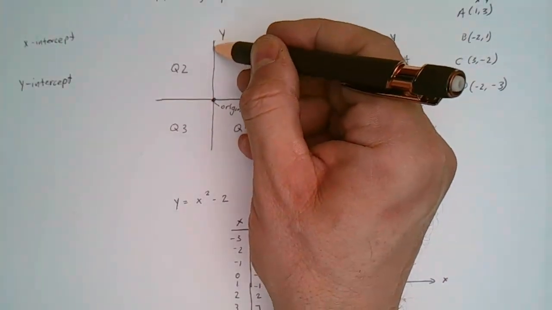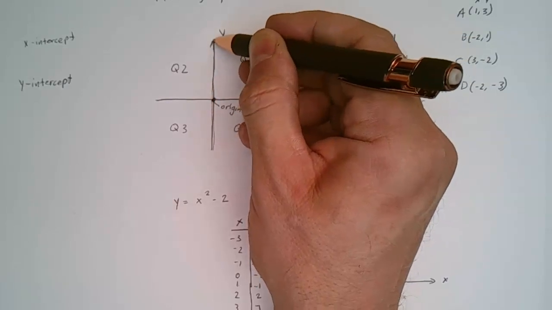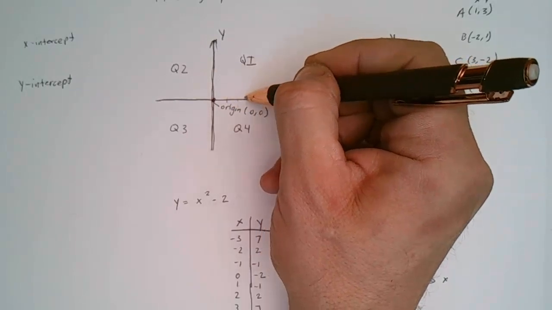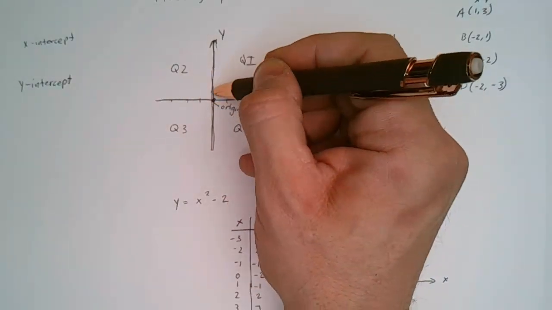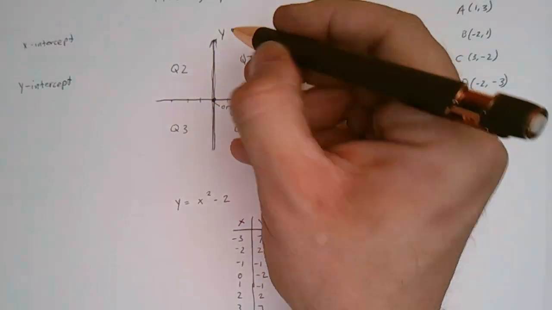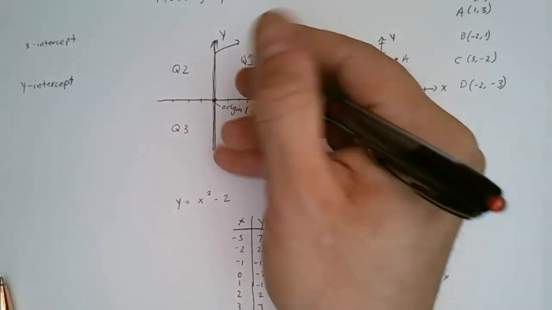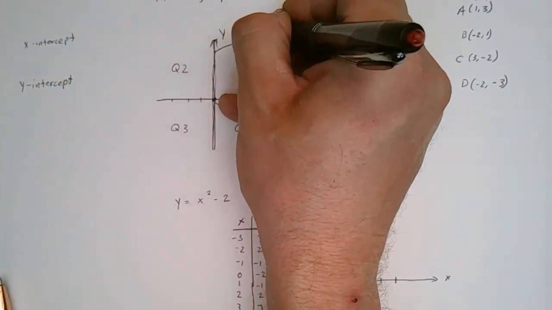If we are on the y-axis, over here's 1, 2, 3. Over here's -1, -2, -3. But on the y-axis, on this y-axis, x is 0.